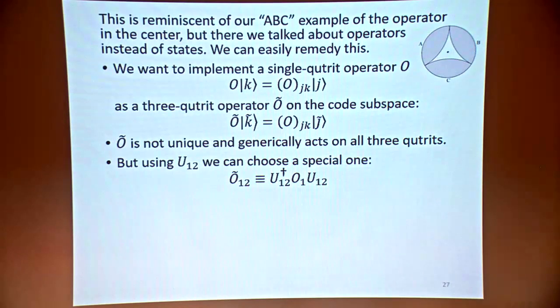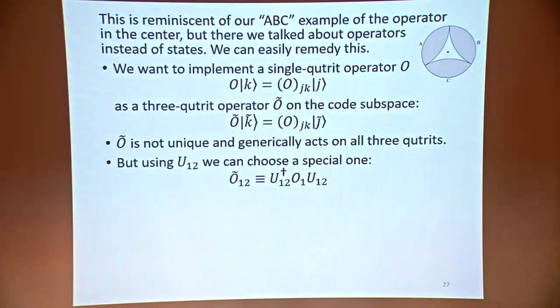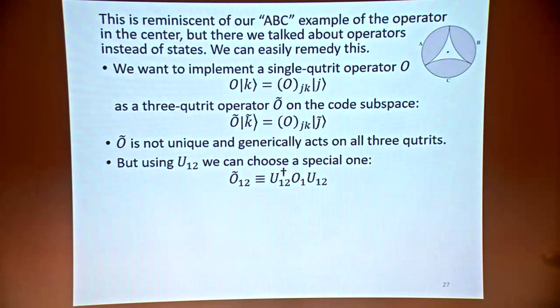So that puts the underlying state into the first qutrit. And then I'll act O, the desired operation, on that qutrit. This is O1. And finally, I'll re-encode the message. So this is a way to act on the state in this encoded way on the code subspace.